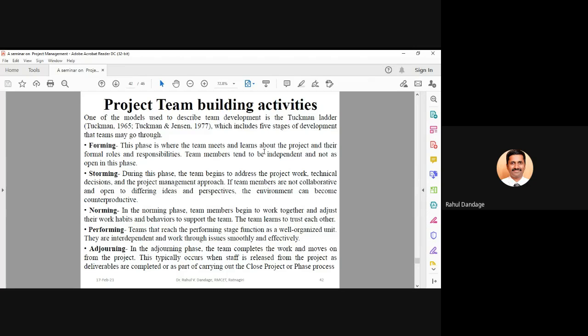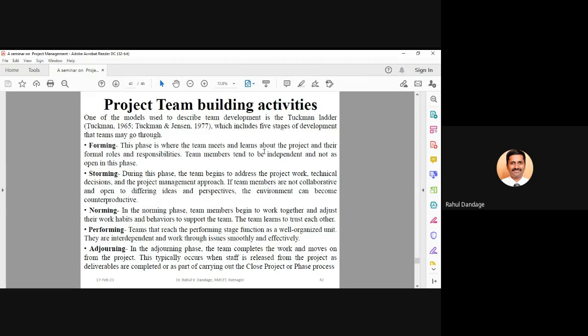This typically occurs when staff is released from the project as deliverables are completed, or as part of carrying out the close project or phase process. So this adjourning activity is carried out in the close project or phase process.